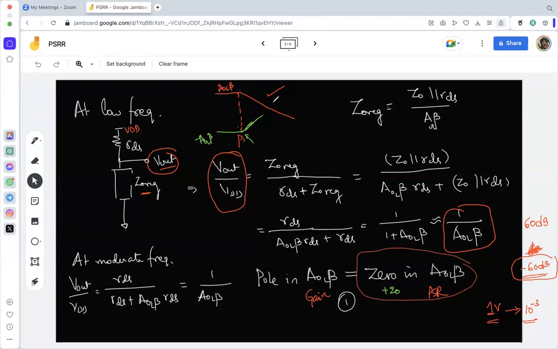There was always a UGB for this curve, and it could have gone down depending on the second or third pole. What happens with the PSRR plot is something different. We'll go there next. But at low frequencies, it does follow the inverse of the DC gain plot.